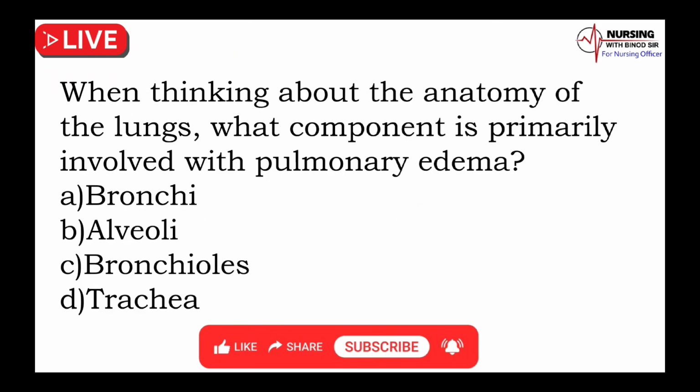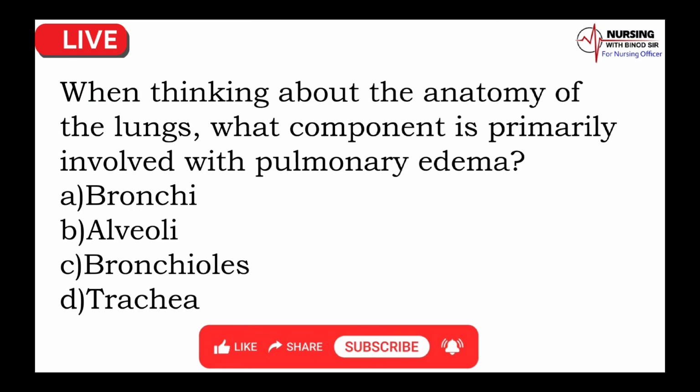urine. When thinking about the anatomy of the lungs, what component is primarily involved with pulmonary edema? A. Bronchi. B. Alveoli. C. Bronchioles. D. Trachea. The correct answer is B option.